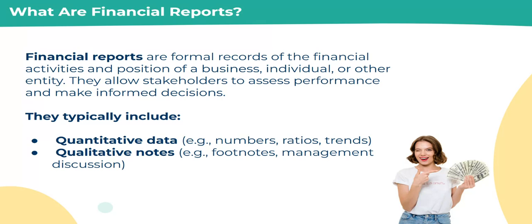They allow stakeholders to assess performance and make informed decisions. They typically include quantitative data, e.g. numbers, ratios and trends, and qualitative notes, e.g. footnotes, management discussion, the information that helps to interpret the quantitative data.